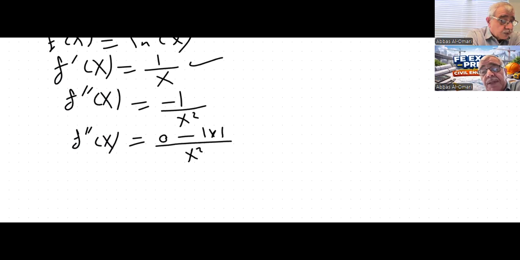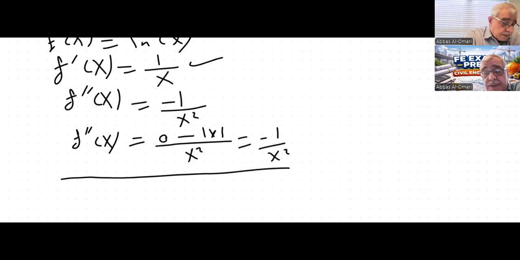So we have minus 1 over x squared. For this simple function, 1 over x, you just simply remember that the derivative of 1 over x is minus 1 over x squared. So this is another question.